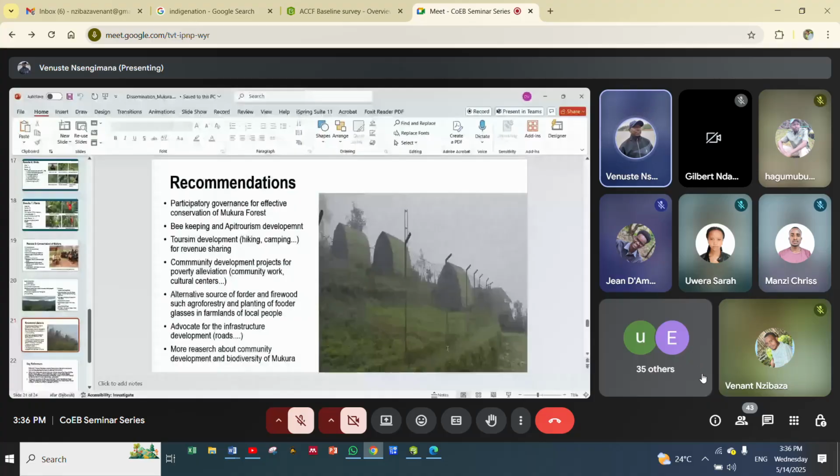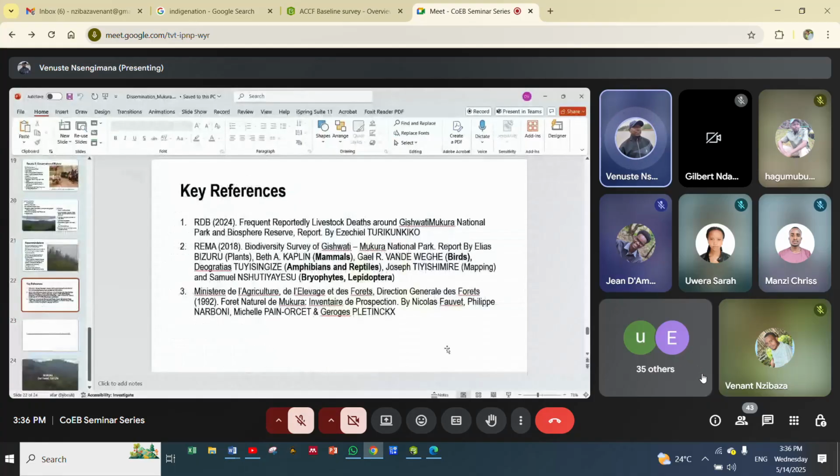So here are the key references that we have used during this study. Not many studies have been conducted here. Most of them combined Mukura and Gishwati, and only one research that was conducted in 1992 was unique to Mukura.